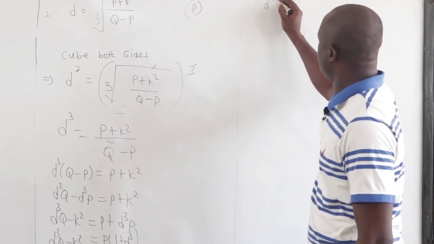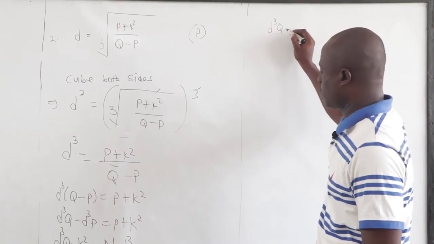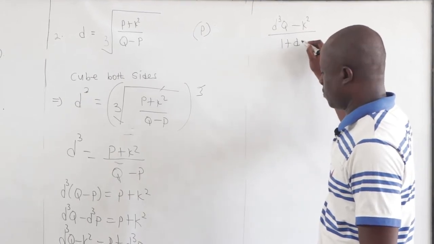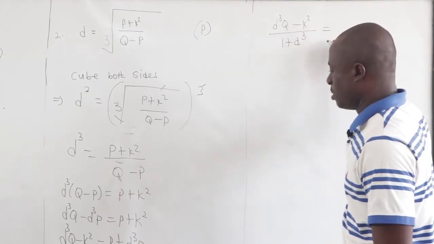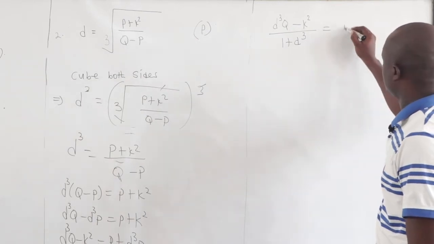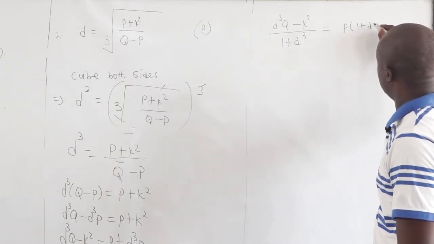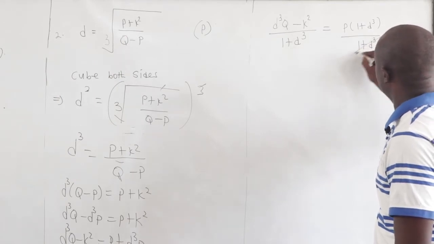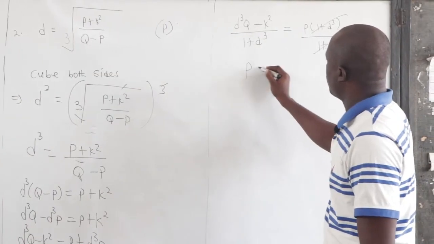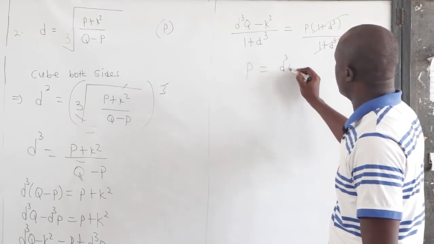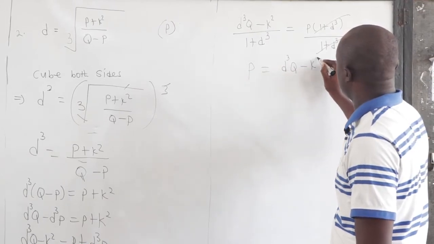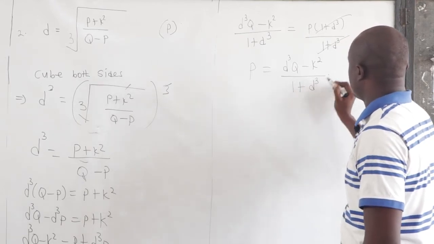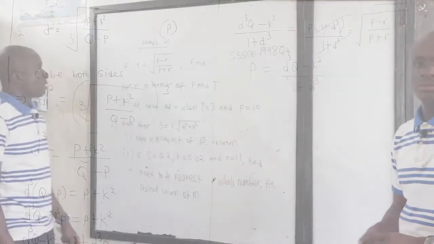So we have d cubed q minus k squared all over 1 plus d to the power 3, equal to p, 1 plus d to the power 3 all over 1 plus d to the power 3. This is cancelling out that. We have p equal to d to the power 3 q minus k squared all over 1 plus d to the power 3.